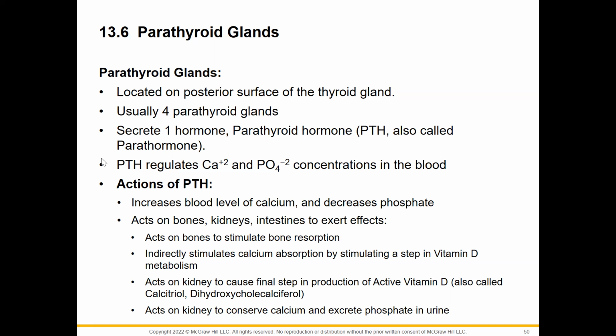And so the receptors for the hormone are paying attention to the levels of calcium in the blood, the levels of phosphate in the blood, so that if those levels change and they get outside of normal limits, then that will start the negative feedback reaction.